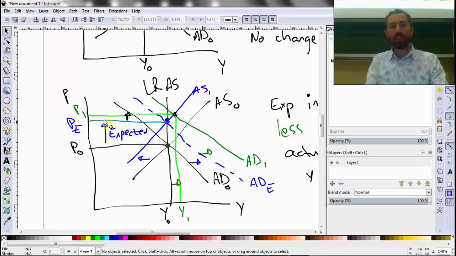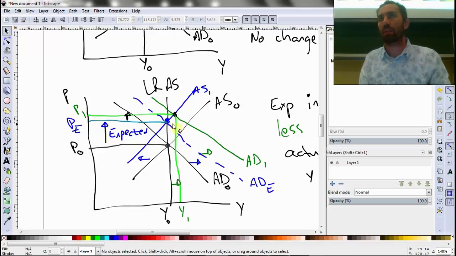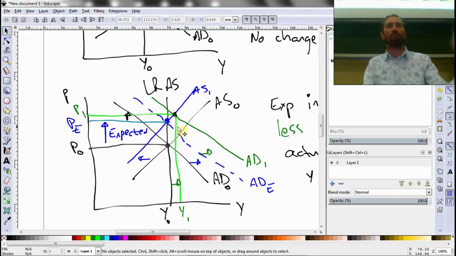So we had prices rising by more than what was anticipated. What does that mean for labor? It means that labor's real wage has decreased. Their nominal wages increased by less than the price level increase, which means that their real wages fell. So we've increased employment because real wages have fallen.